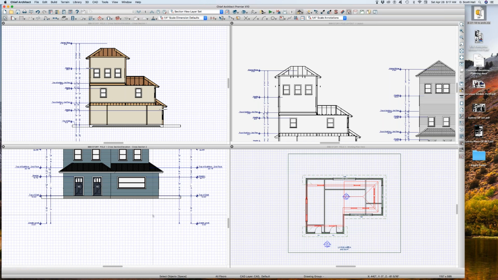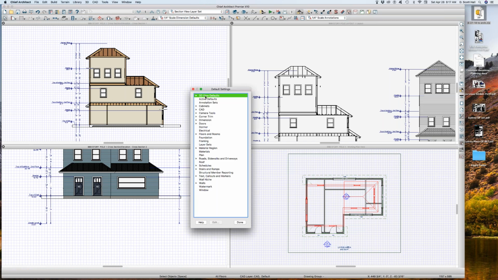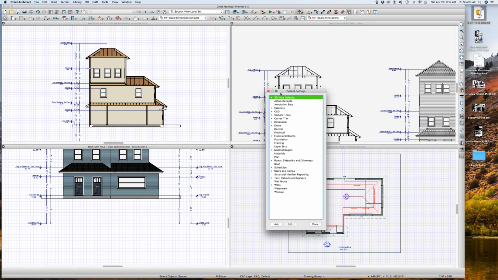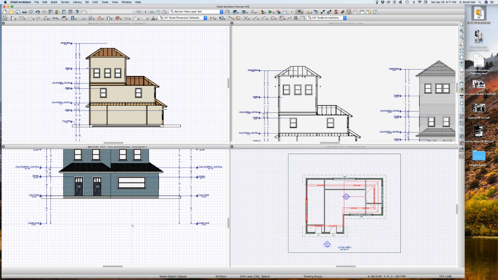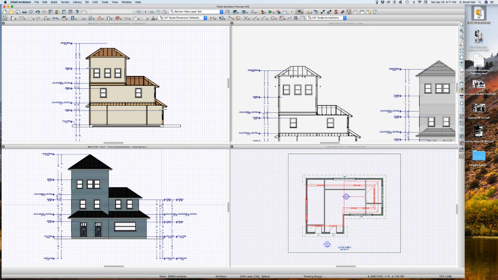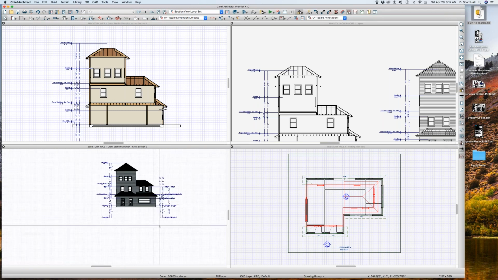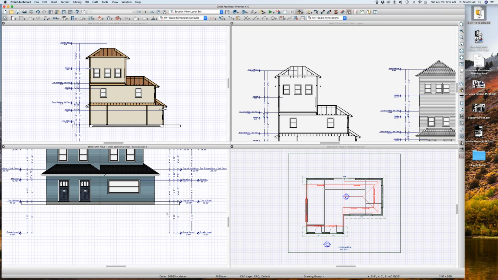Let's check my dimensions. Okay, hang on a second. MS. I've got a bunch of dimensions because I didn't change the story pole stuff.